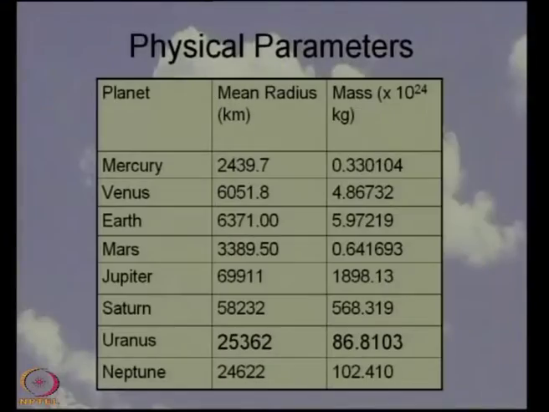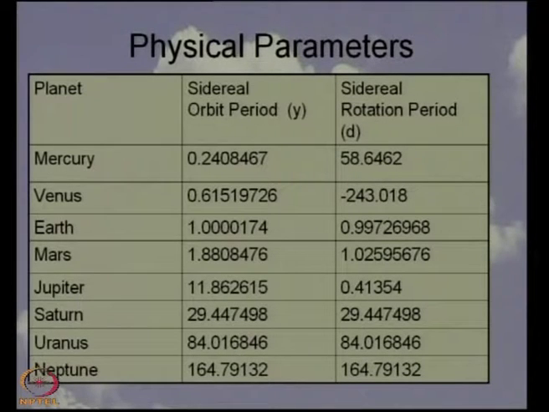You can see that here. The rotation period of Venus is 243 days, whereas for Earth it is close to 1 day. Mercury also has a very interesting thing, its rotation period is comparable.